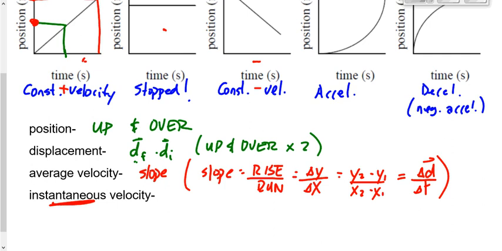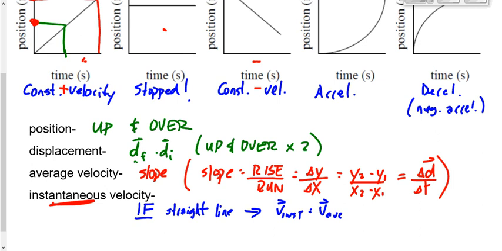Well, if it's a straight line, here, let's say, then the velocity is constant, right? And if the velocity is constant, then we would say the instantaneous velocity is just equal to the average velocity.